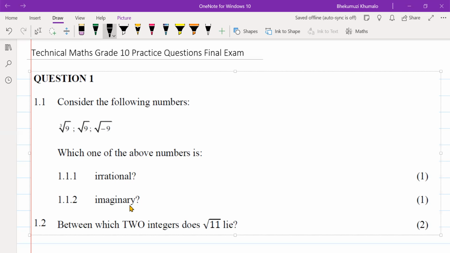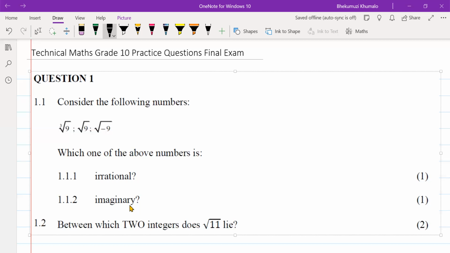So when we look at these ones, the first one which is quite clear that cannot be irrational is square root 9, because square root 9, obviously you can rewrite it as 3, right? And 3, you can write it as a fraction of 6 over 2, right? 6 over 2 is 3, right?